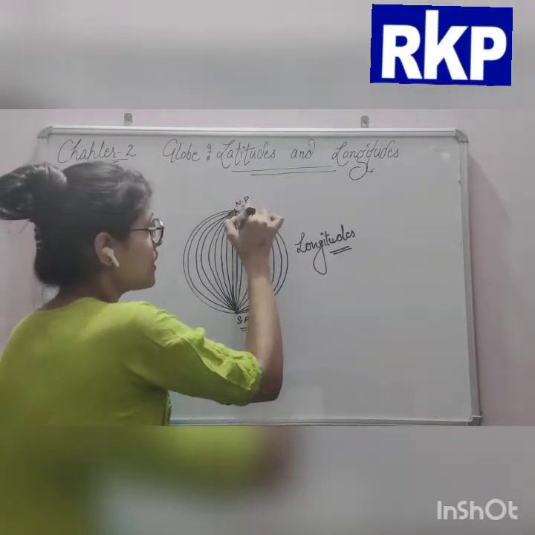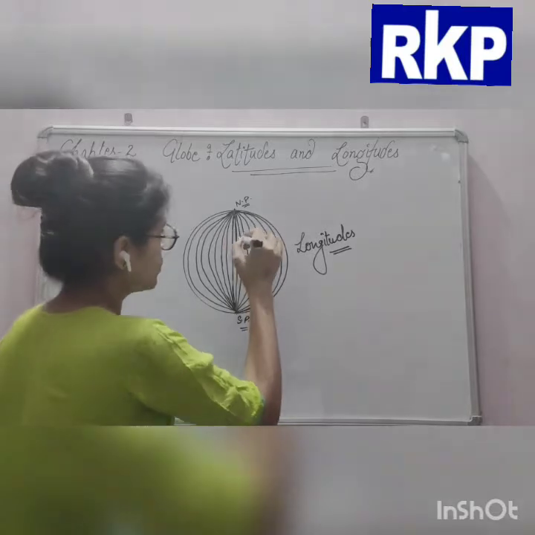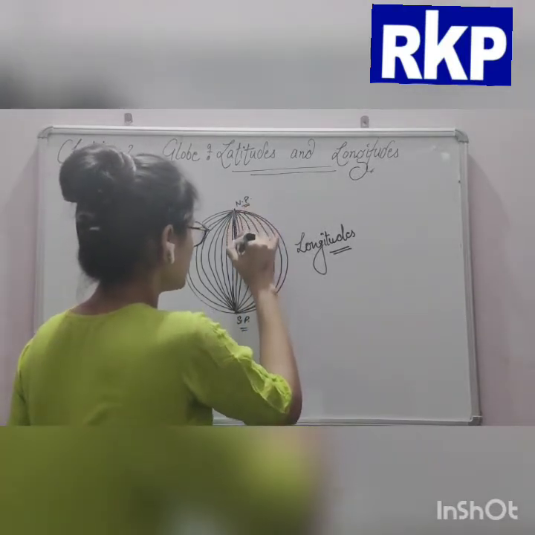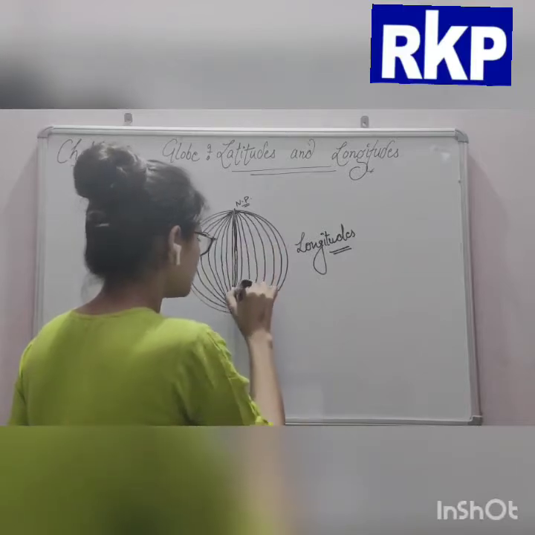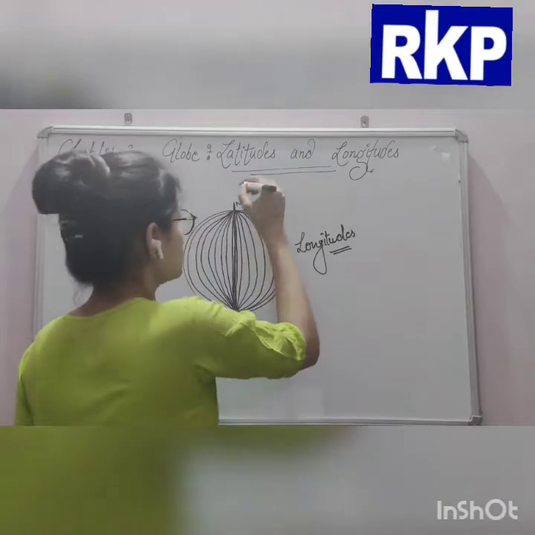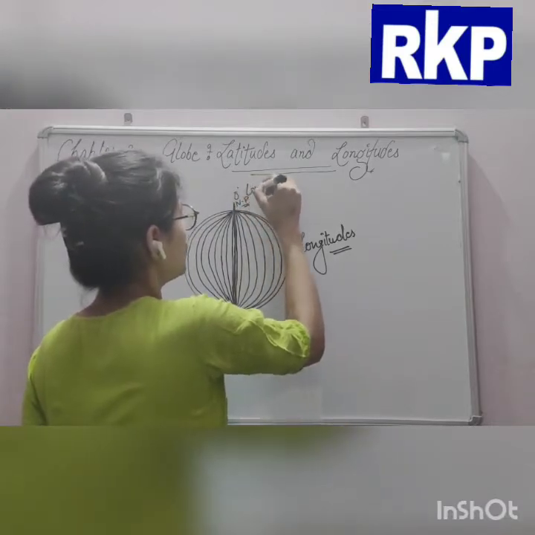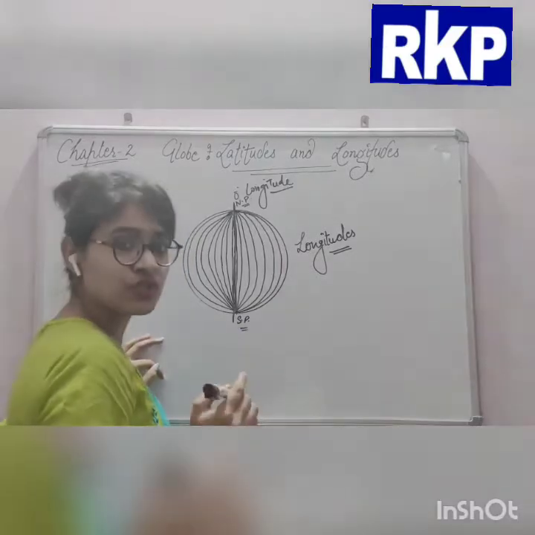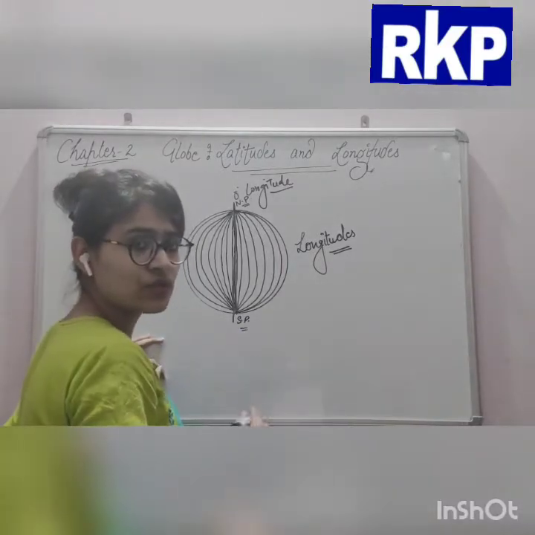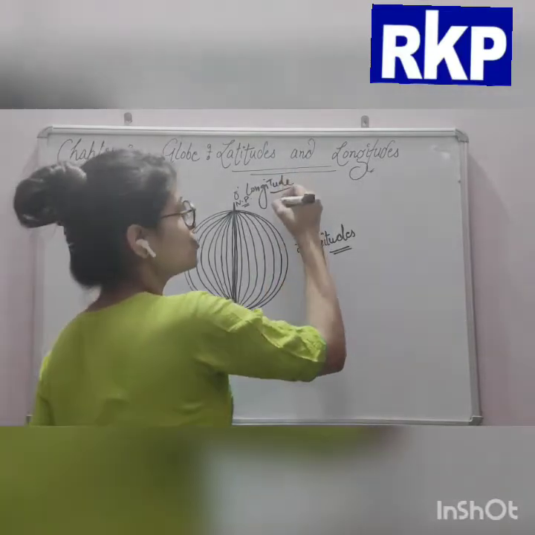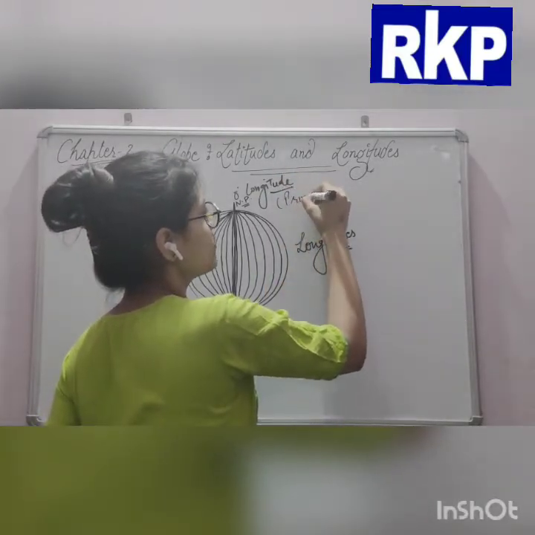So there is a line with 0 degree longitude. When we discussed latitude, there was 0 degree equator, which was the largest latitude, and this is 0 degree longitude, which is called the prime meridian.